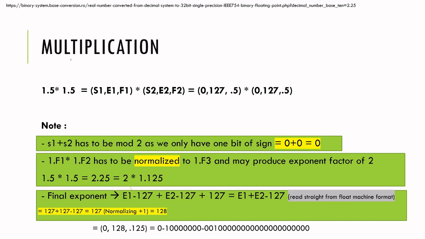There are websites available that will convert any number, like 2.25, into a floating point number in IEEE 754 notation. The website reference is given up here. You can see that this matches: 0, 128, and then 0.125 for the fraction.